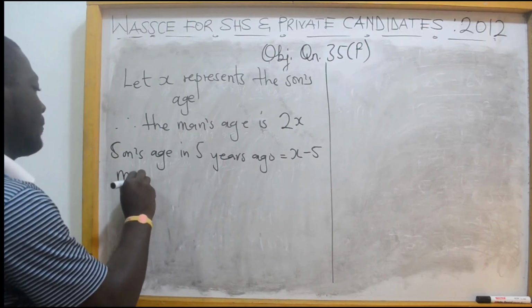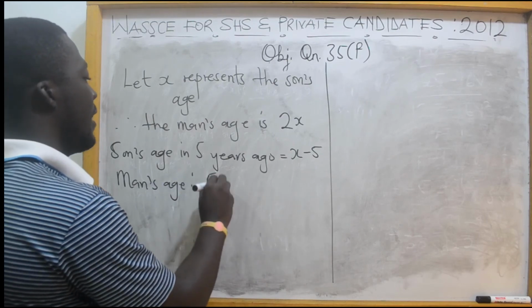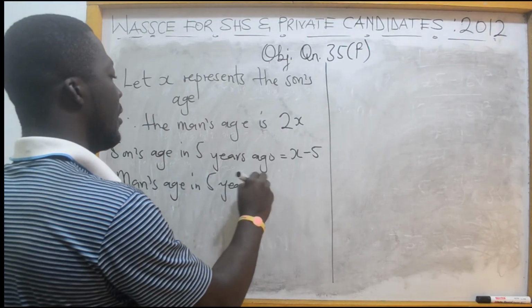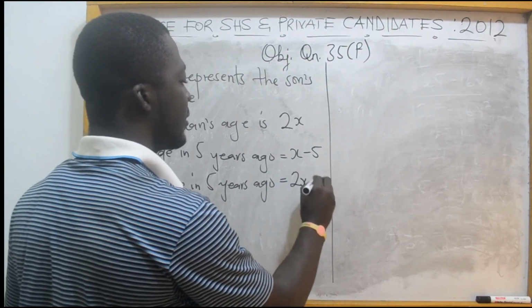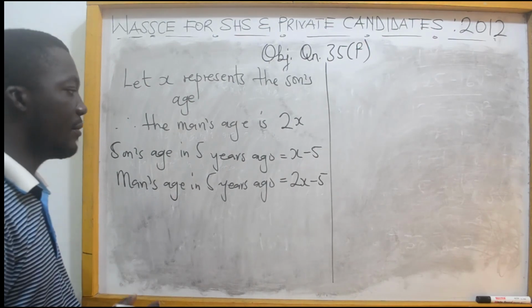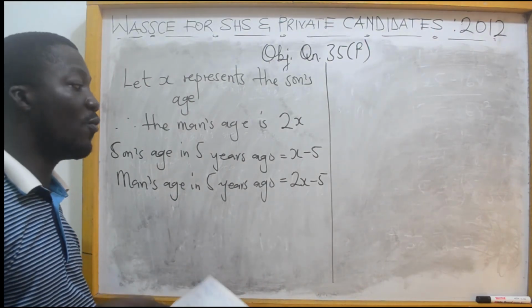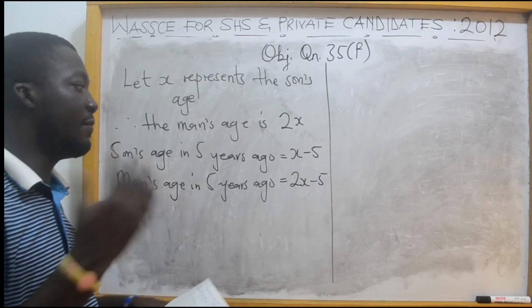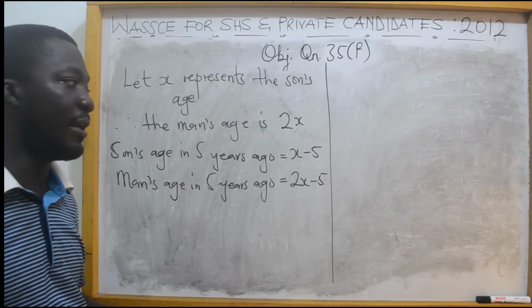Man's age 5 years ago is equal to 2x minus 5. So the son is x minus 5 and the man was 2x minus 5 years ago. So x minus 5 and 2x minus 5.